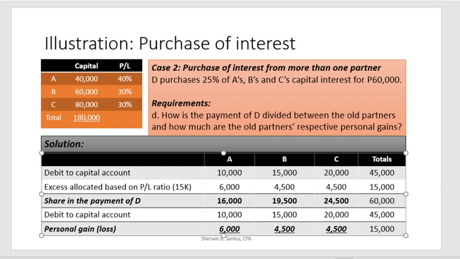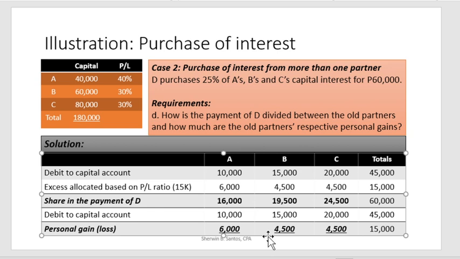With this, we'll look at the excess on the allocation. So how do we allocate this? The 15,000 will be allocated based on the profit and loss sharing ratio.